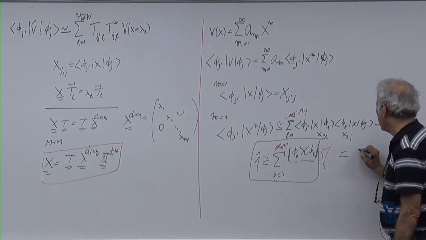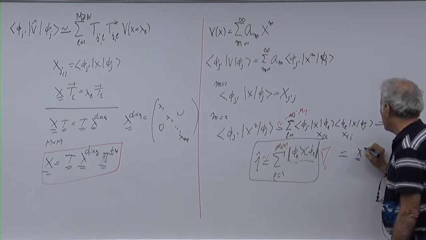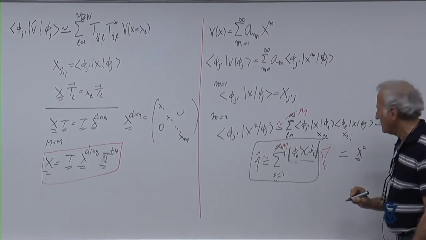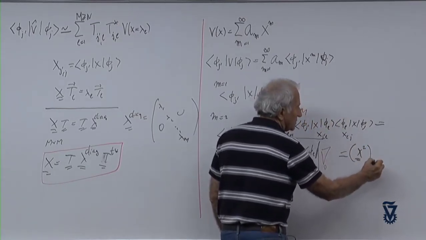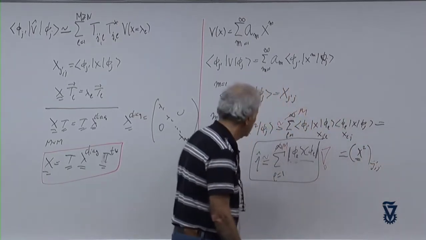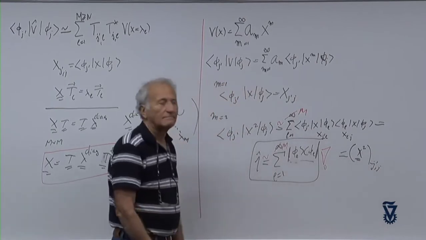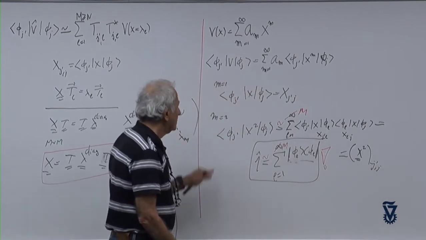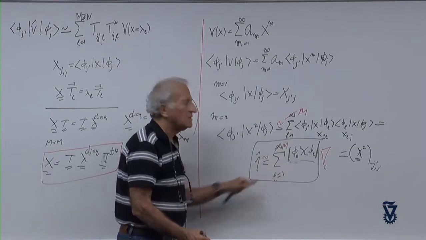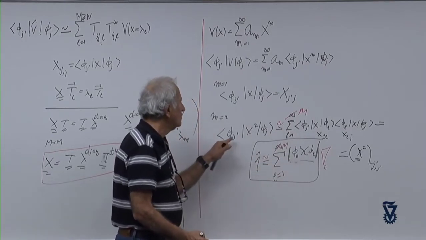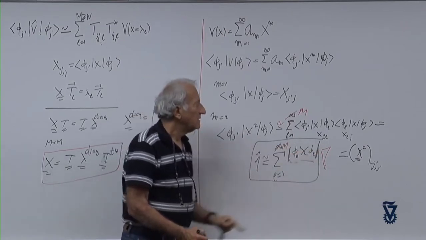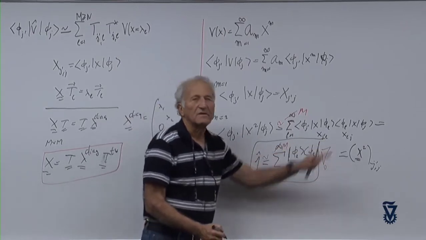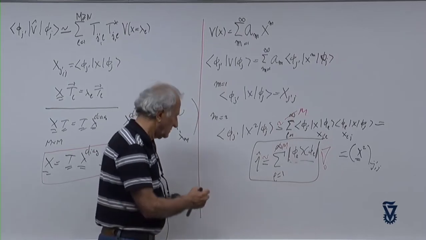Therefore, what we have here is the matrix x to the power of 2, and we take the matrix element j prime j. So this approximation enables us to estimate this power by taking the matrix x squared.